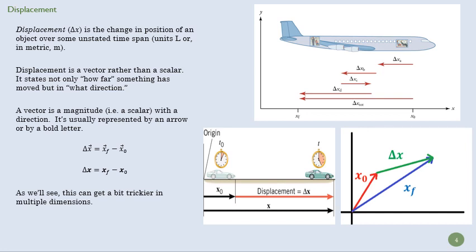Oh, here's an image that I forgot was on here. But again, that displacement, change in position. I start here, I end there, and my displacement has a scalar value in a particular direction. In this case, the positive direction. So we've got position, we've got displacement.